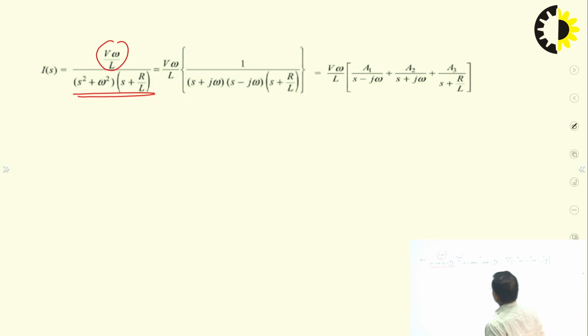Before carrying out the inverse Laplace transform, we carry out the partial fraction expansion, and we can find out the values of A1, A2 and A3.